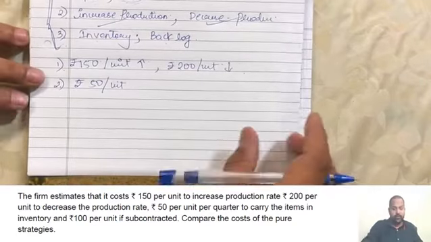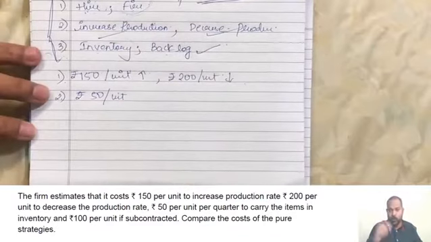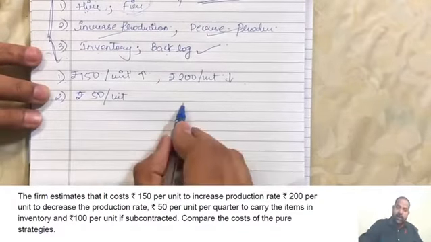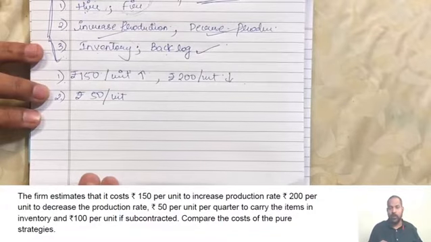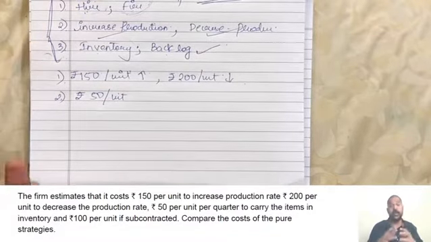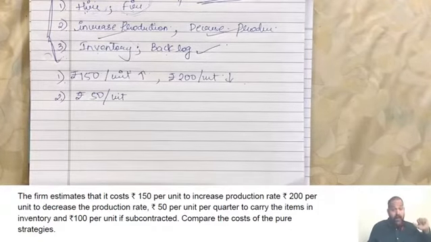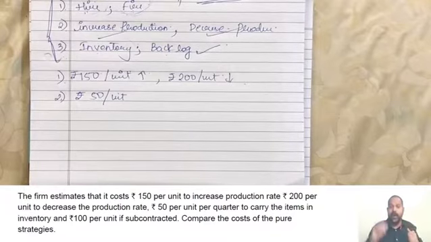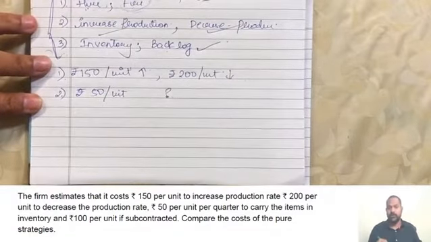But I told you, if inventory is allowed, then backlog should also be allowed. Is there a backlog allowed? They've not said about a backlog. They told you that if you produce extra, I will put it into an inventory. But what if I produce less than required? Well, then the demand will not be fulfilled. You haven't told me what to do about backlogs.